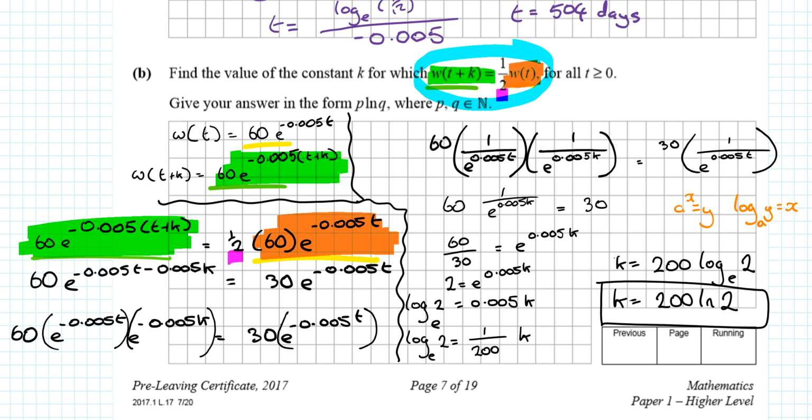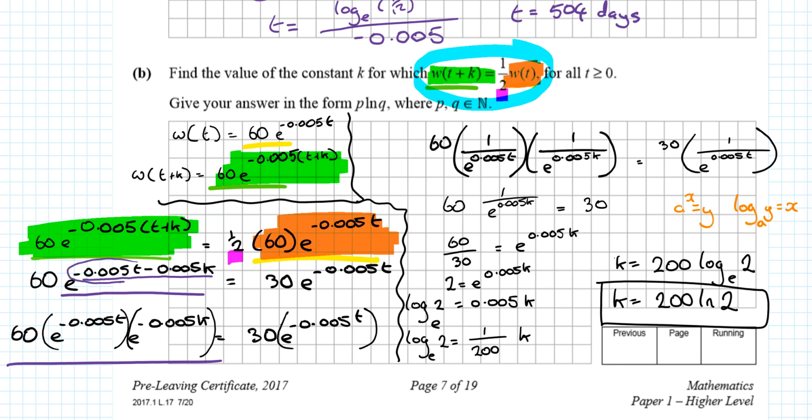Okay, so coming from here, explaining this bit, all we're doing is multiplying the half by the 60, and you're smart enough to know that that's 30, so that's where the 30 is coming from. Now, here there's a little bit of a weird shift, I suppose. The power is all connected here.